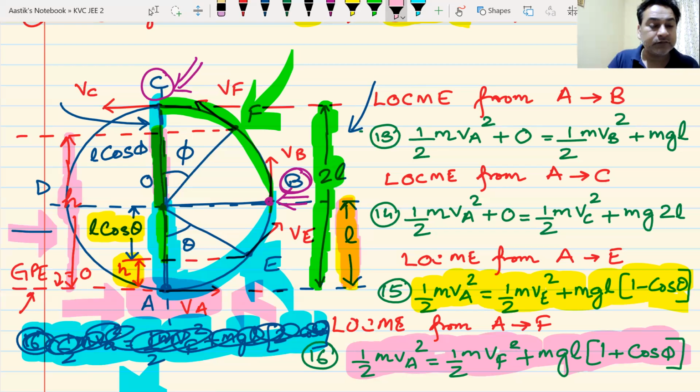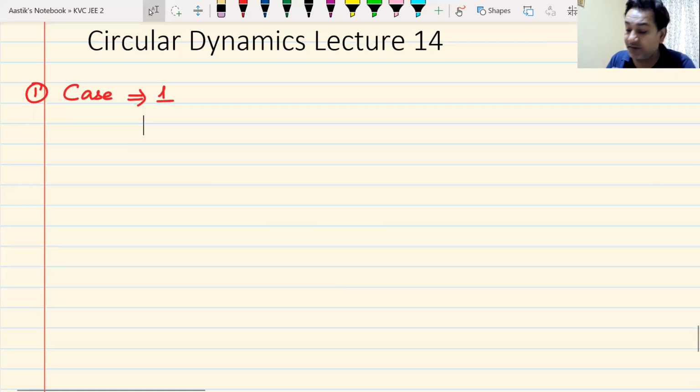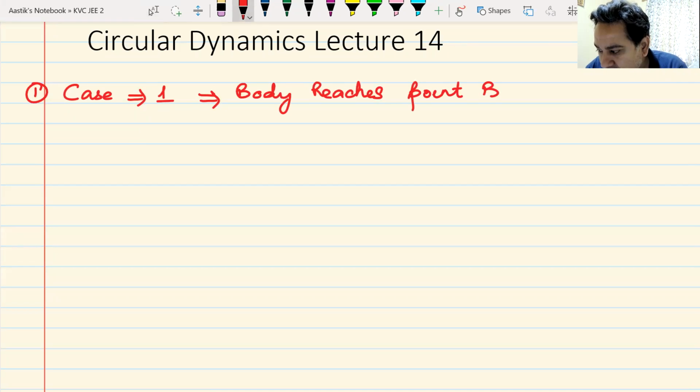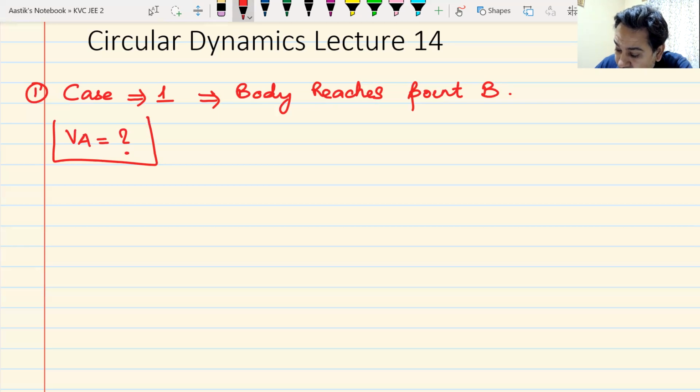And what is case number 1? Case number 1 is simply that the body reaches point B. The body has to reach at least till point B, or it just reaches point B. Now the question is, what should be the velocity at point A for this to happen?